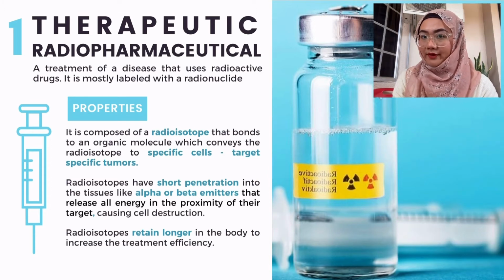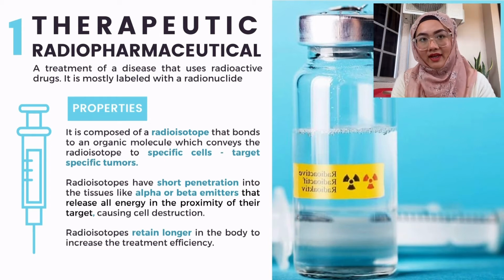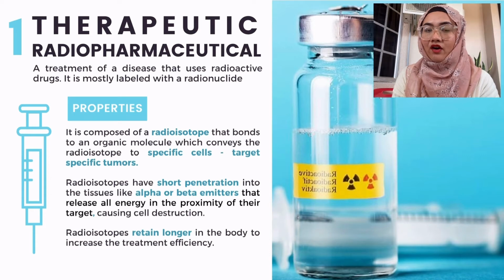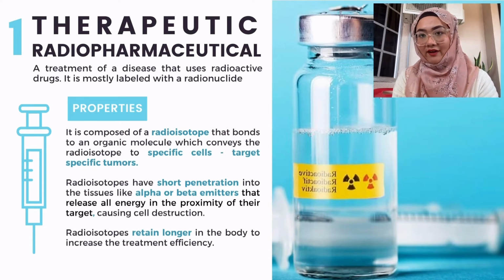For therapy purposes, radioisotopes used in radiopharmaceutical have a short penetration into the tissue, like alpha or beta emitters that release all the energy in the proximity of their target, causing the cell to be destroyed and impairing its function.